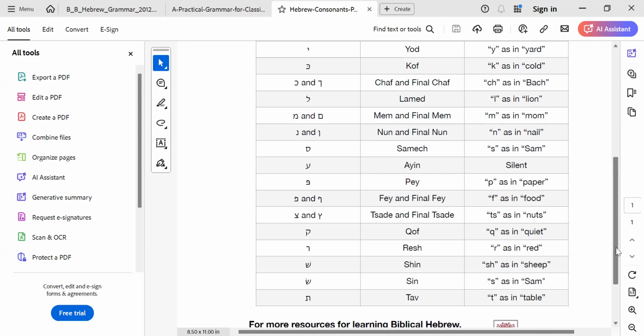So that's a Shin. And when there's a little dot there on the left, when you find that on the left, it's called Sin. Okay, Sin. Can we say that together? Sin. And then the final one is Tav. Tav. As T, like T in table. Tav.